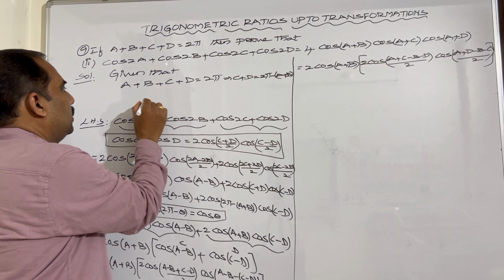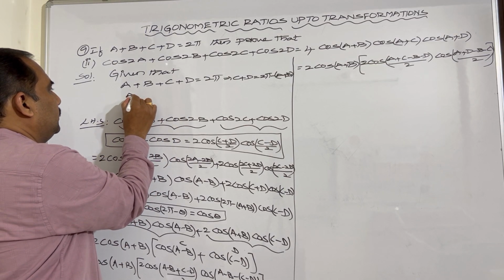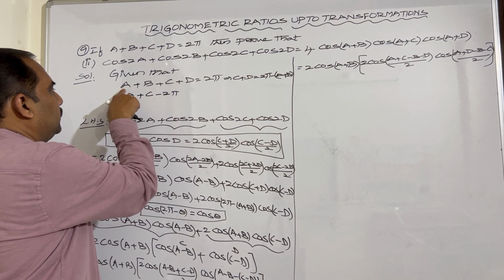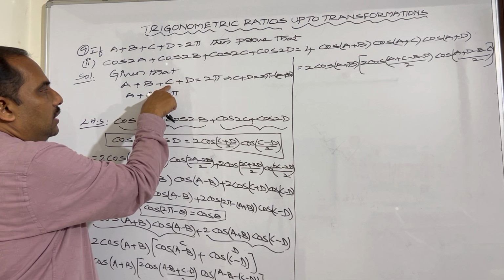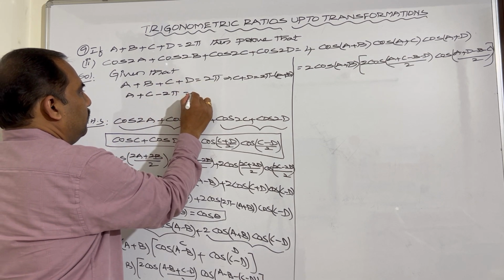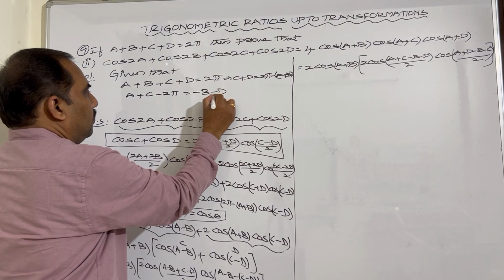Now here I am applying that a plus c minus 2 pi is equal to minus b minus d.